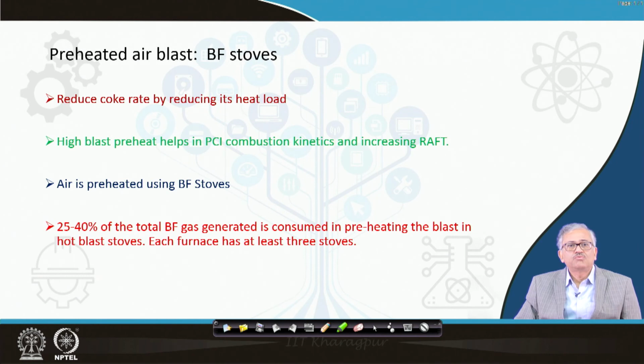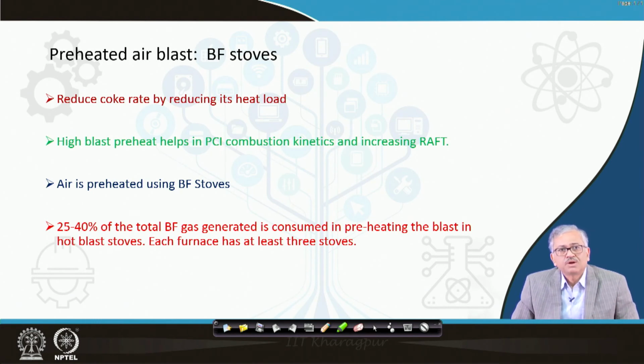Whatever blast furnace gas is produced at the top is rich in CO. A quite large amount of CO is there, maybe 15 to 20% CO in the blast furnace gas. Blast furnace gas also has sensible heat, a lot of gas coming at around 100 to 200 degrees centigrade.